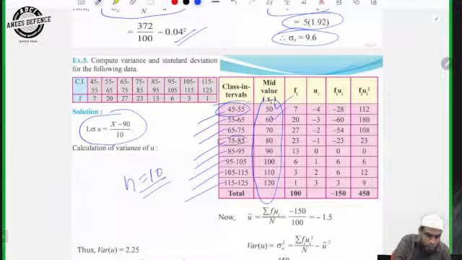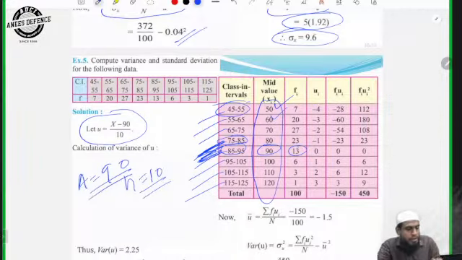From these, you have to take the value with the lower frequency, so you are getting 13. The lower frequency one can be considered as 90. So the middle class value, A, is considered as 90.